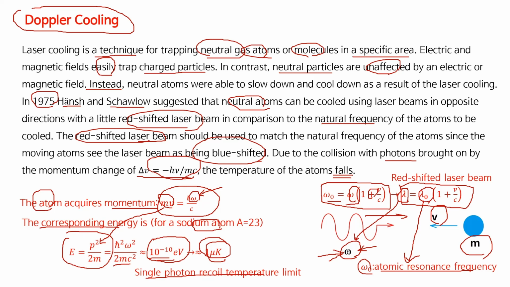So to match the resonance frequency of the atom, we have to supply a little red-shifted laser beam, since the moving atom sees the laser beam as being blue-shifted. So we have to use the laser light with a red shift to match the atomic resonance frequency.